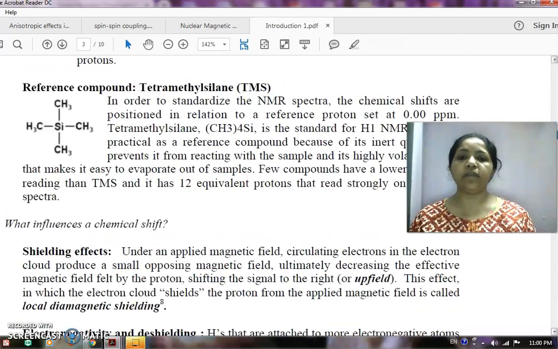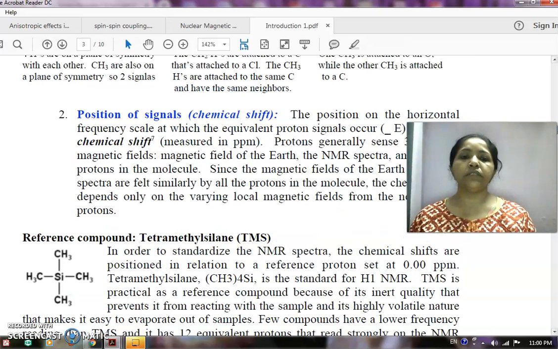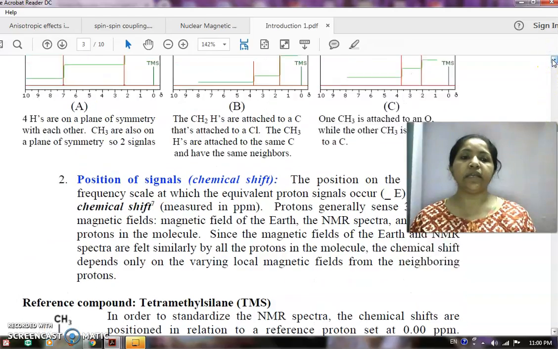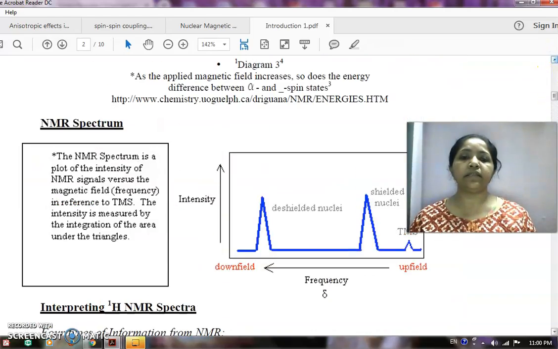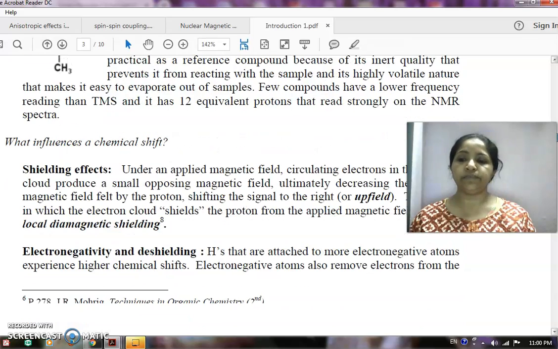This is the second piece of information that we get. And next, what is the number of hydrogens present here? Since the height of this peak, or the area of these triangular peaks, are almost the same, we can conclude that the number of hydrogens present here and here are the same. So that is one other piece of information that we get out of it.